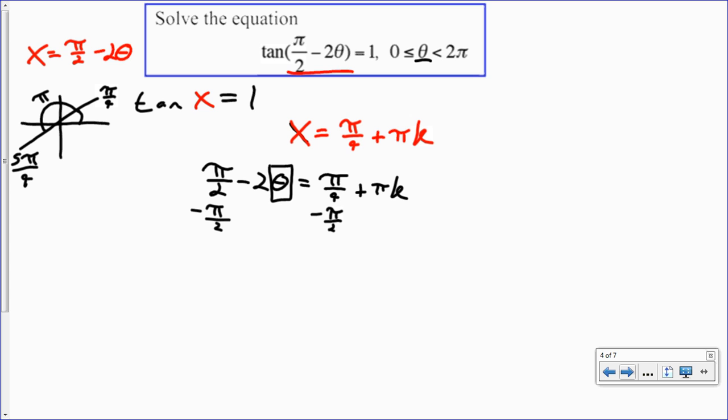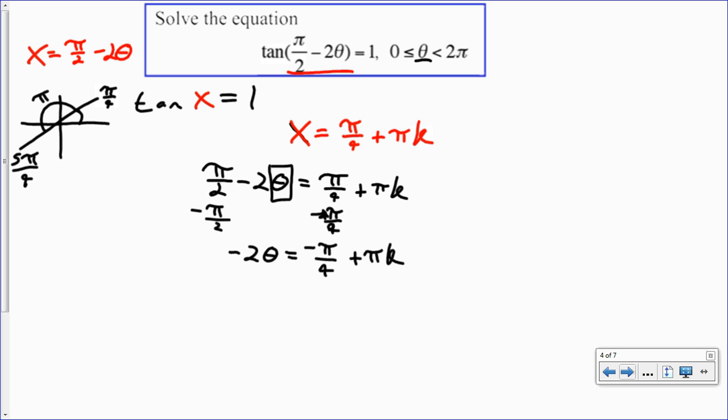Okay, and then I have -2 theta is equal to, common denominator, minus 2 pi over 4, so I get negative pi over 4 plus pi k.